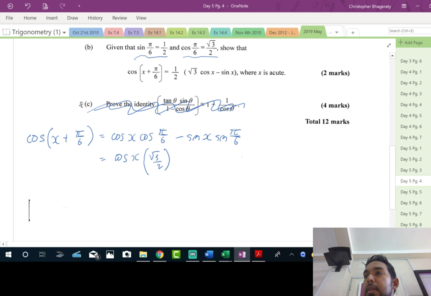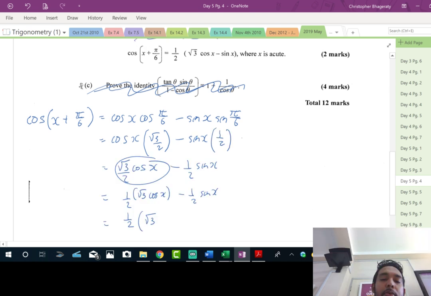Now here, what I could do is separate the half and make it root 3 by cos x, that's minus a half by sine x. And that will allow me to factorize the half out, leaving root 3 cos x minus sine x in the bracket.